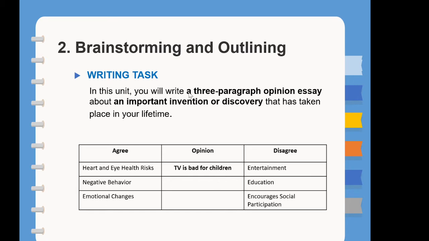In this unit, you will write a 3-paragraph opinion essay about an important invention or discovery. This is the theme of Unit 4. You just learn to give your opinion about an important invention or discovery that has taken place in your time, during your age or your generation.